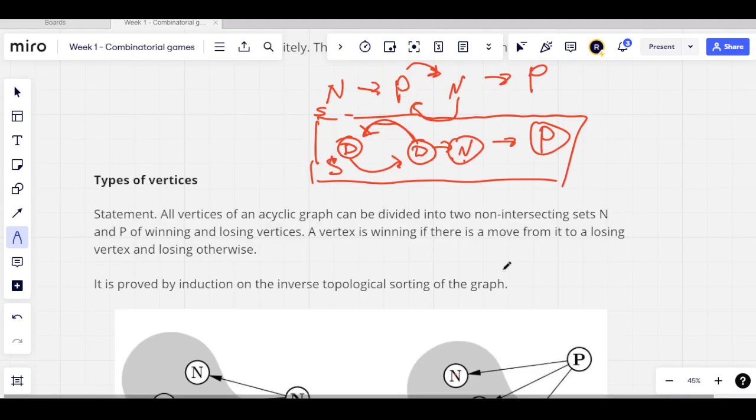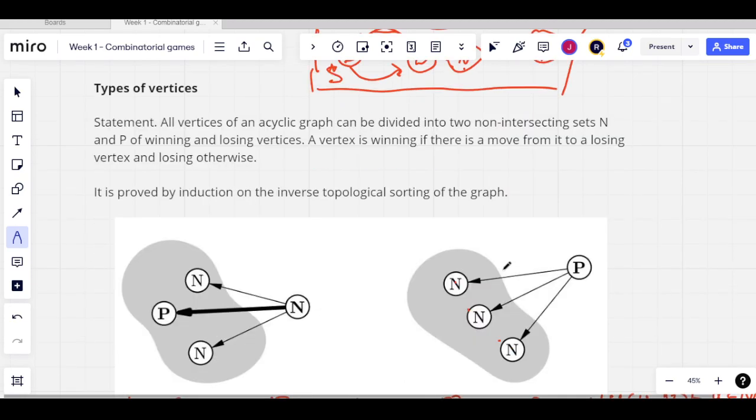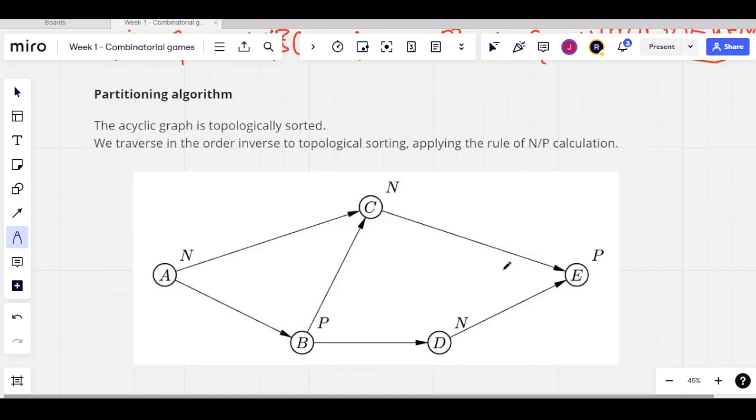Once again, we proved a statement that we can split our graph into two sets, N and P, and we showed how to do it.